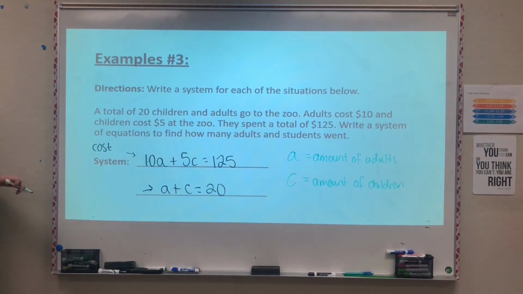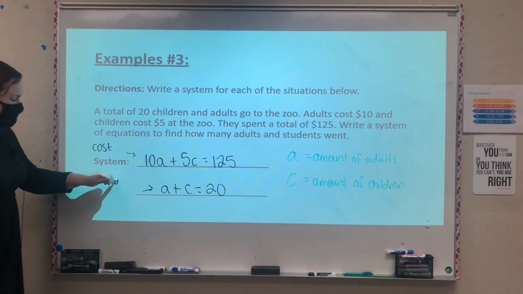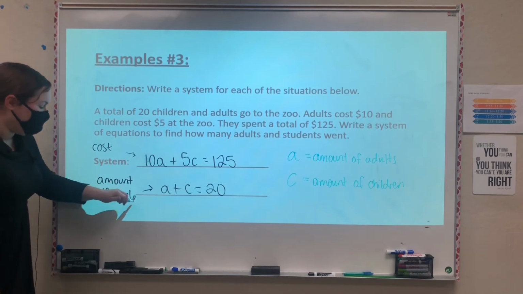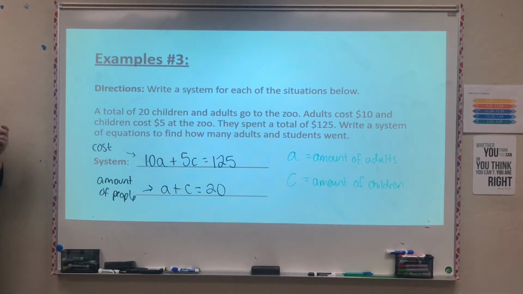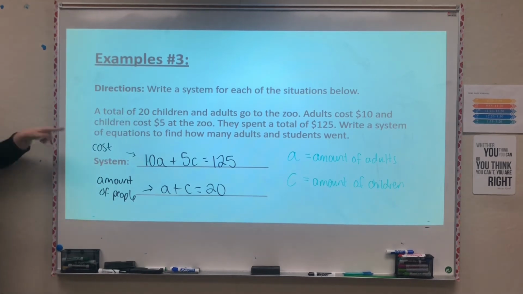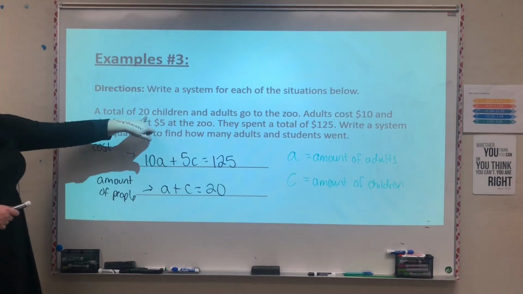This one here then is describing, instead of cost, the amount of people. Yeah, amount of people. What I'm doing over here is another piece of advice if you're struggling: look at this information. Everything they're telling us falls in one of these two categories. It's either describing the cost of something or how many people are going.